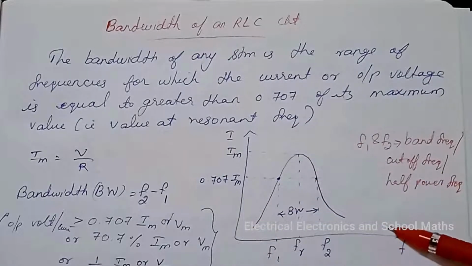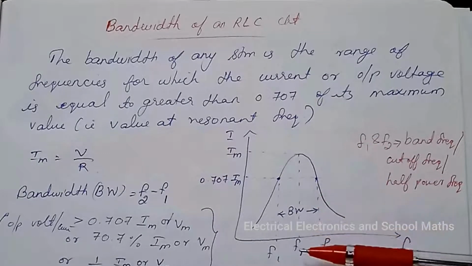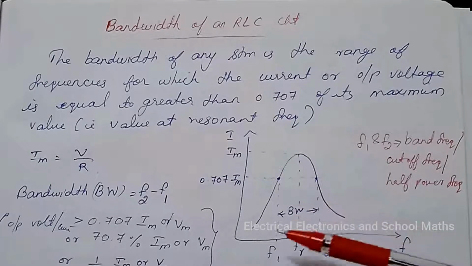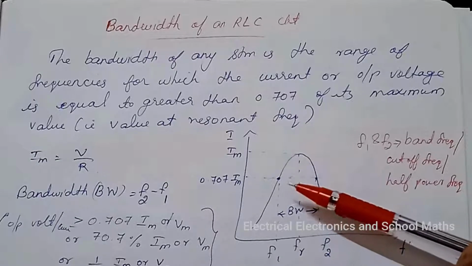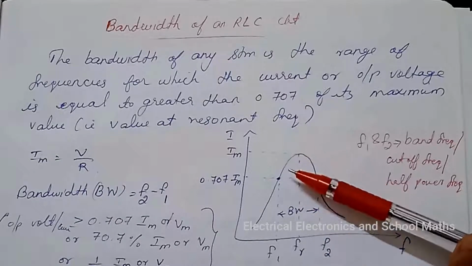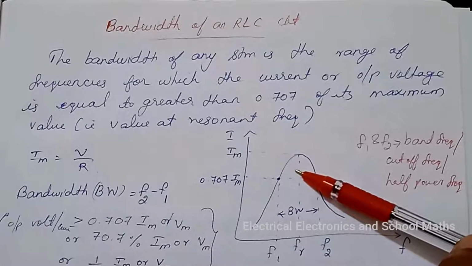This is the response curve. From the response curve, it can be seen that in the range of frequencies between F1 and F2, the output current is greater than 0.707 of its maximum value.